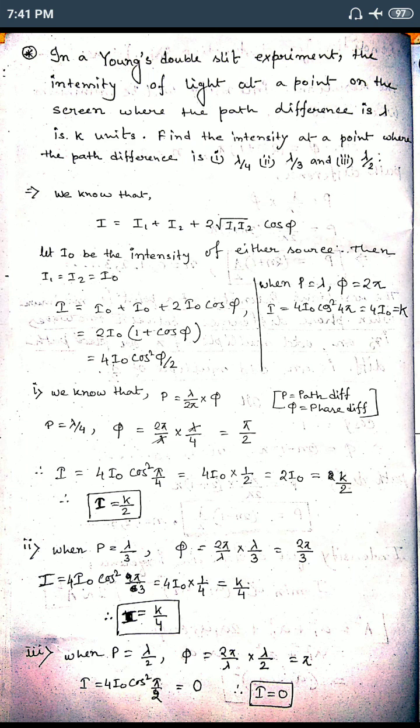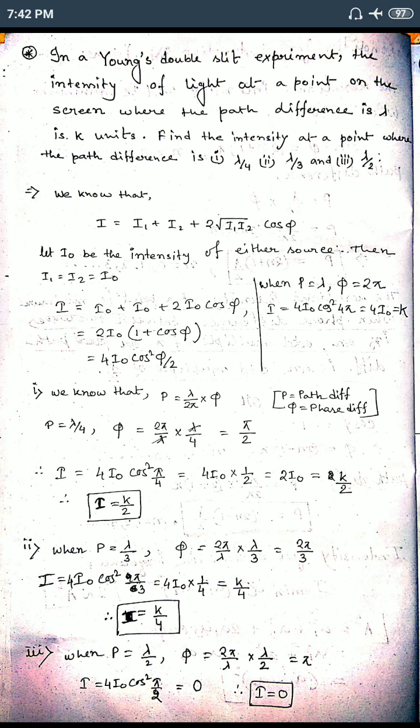Now we find out the intensity if the path difference is lambda by 4. Using the formula phi equals 2 pi by lambda into path difference lambda by 4, we get pi by 2.